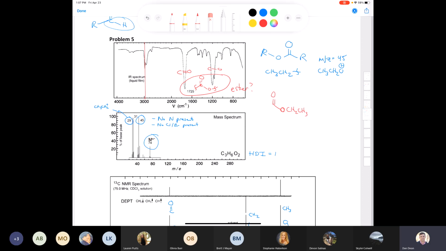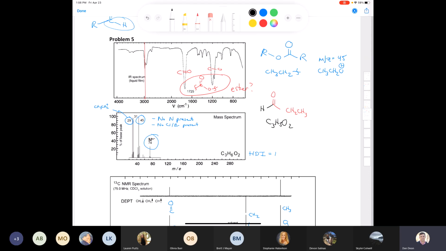If you calculate the molecular formula of what I've got drawn right here, I've got C1, 2, 3, H1, 2, 3, 4, 5, O2. Okay, where's the other hydrogen going to go? It's going to go right here. And then you're thinking, Mr. Dion, that's an aldehyde. No, it's not.